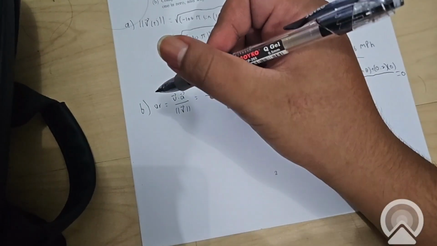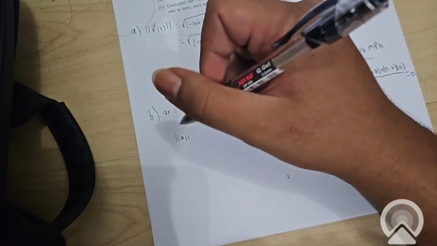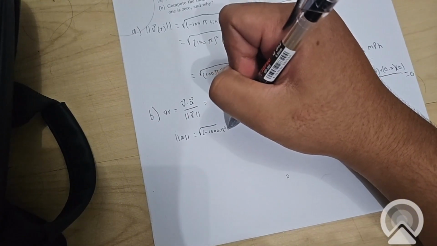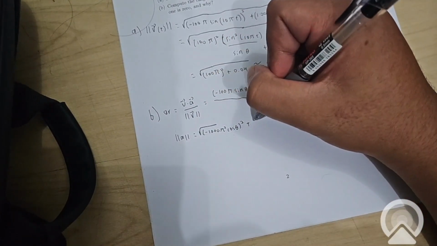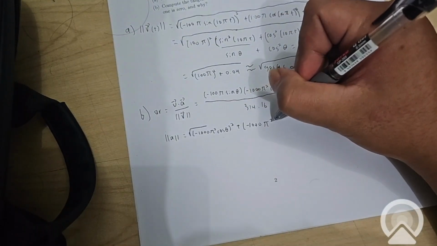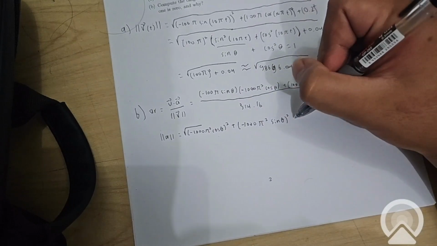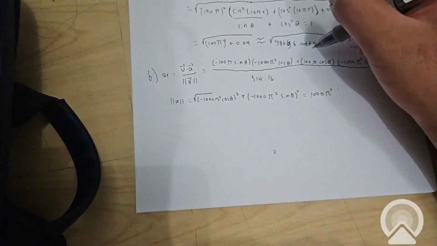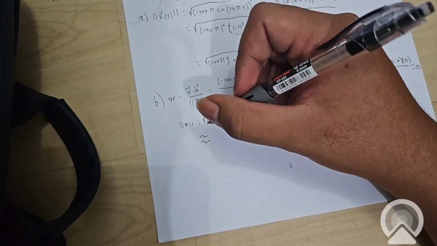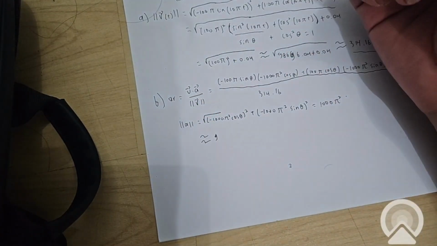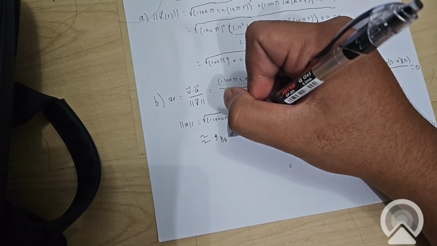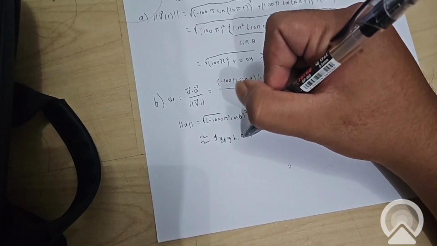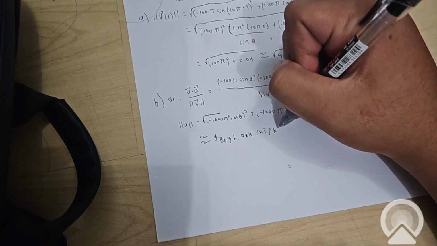So first we will compute the normal component a_N. The magnitude of a is equal to the square root of (−1000π² cos θ) squared plus (−1000π² sin θ) squared, which is equal to 1000π², approximately 9869.604 miles per hour squared.